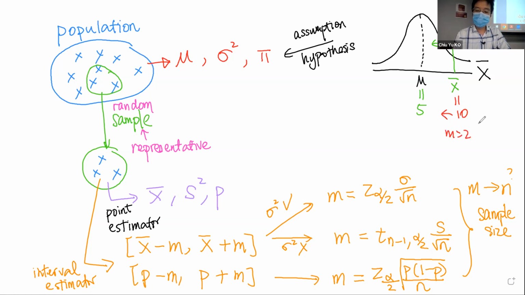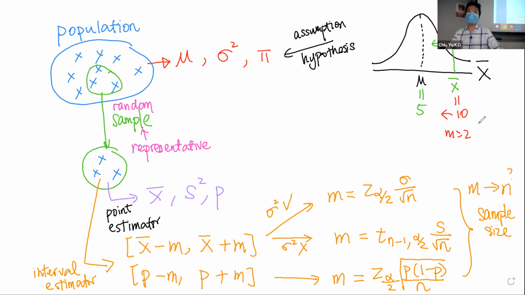So your interval estimate is 8 to 12. That does not include 5, so you wouldn't believe that 5 is a reasonable guess. If they tell you 5, but you figure out it's 8 to 12, that cannot be 5. So that would be the idea.